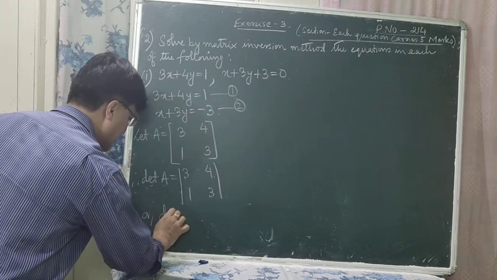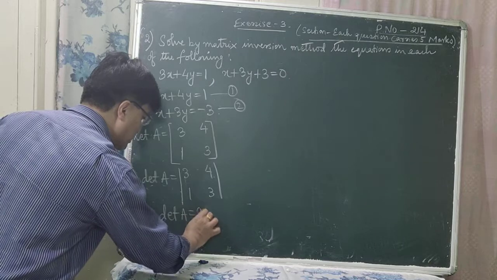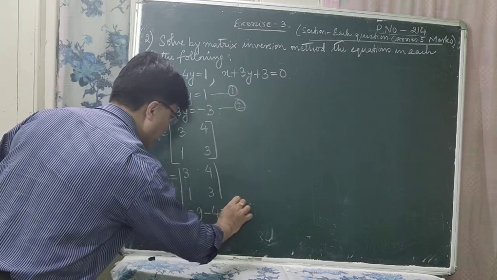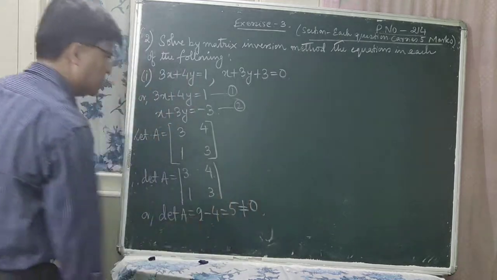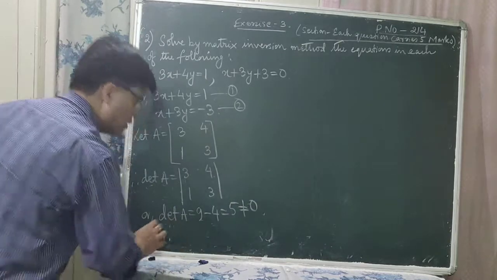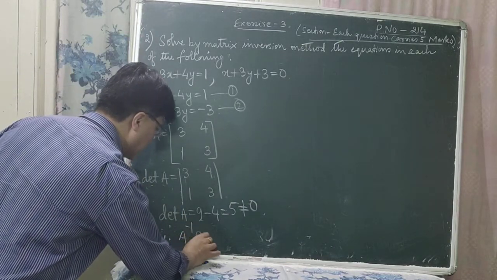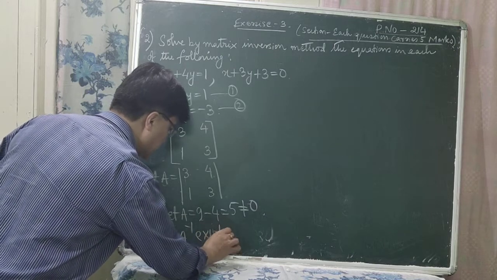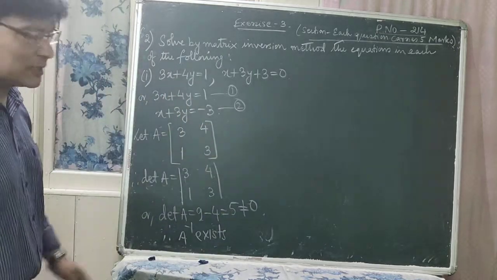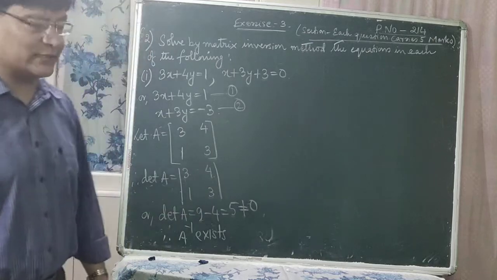It is 3 3s are 9 minus 4, which is equal to 5. That means it is not equal to 0. So A inverse exists.